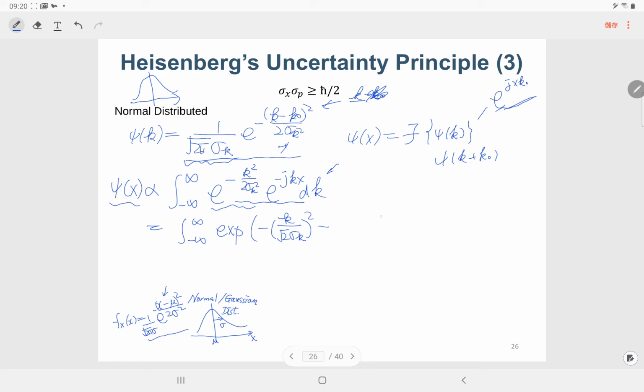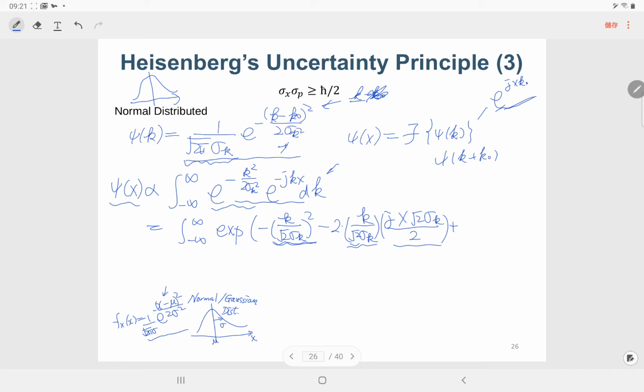So we will have jx, and then we also have k. We try to make it like this, square root of 2 sigma k, and then multiply it by square root of 2 sigma k. So they cancel each other, and we also multiply it by 2 and then divide it by 2. So this is b, this is b squared, this is b, this is a, somehow like that.